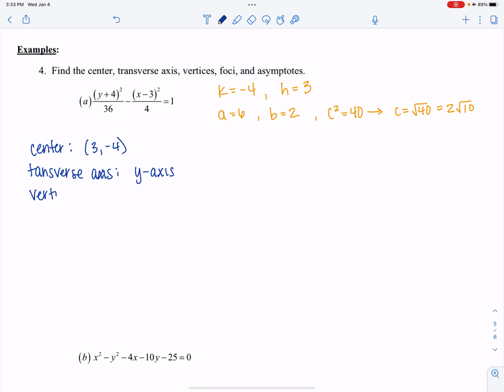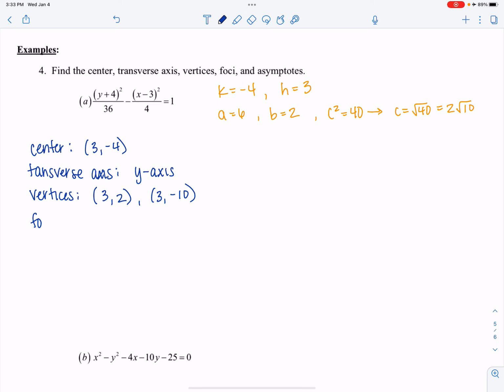Vertices are (3, 2) and (3, negative 10), because we have k plus a, k minus a.